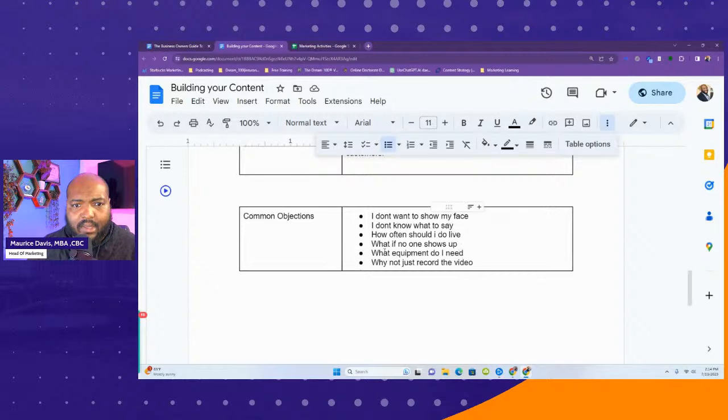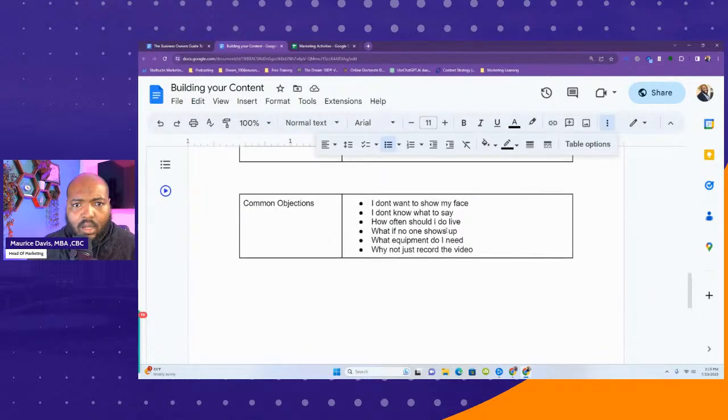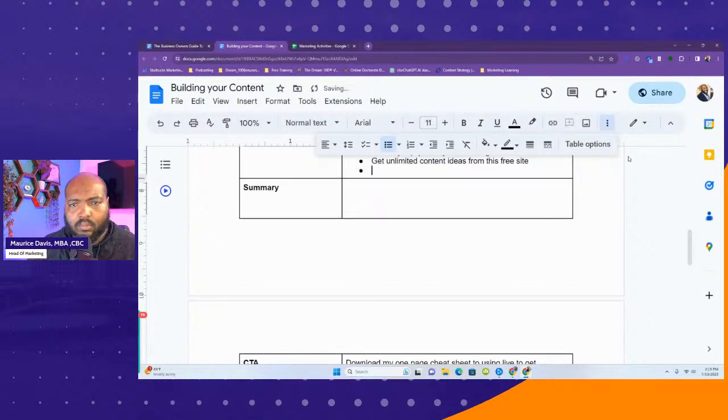I don't want to show my face. So it's free to use. You don't have to show your face. Here's how. Right? Okay.